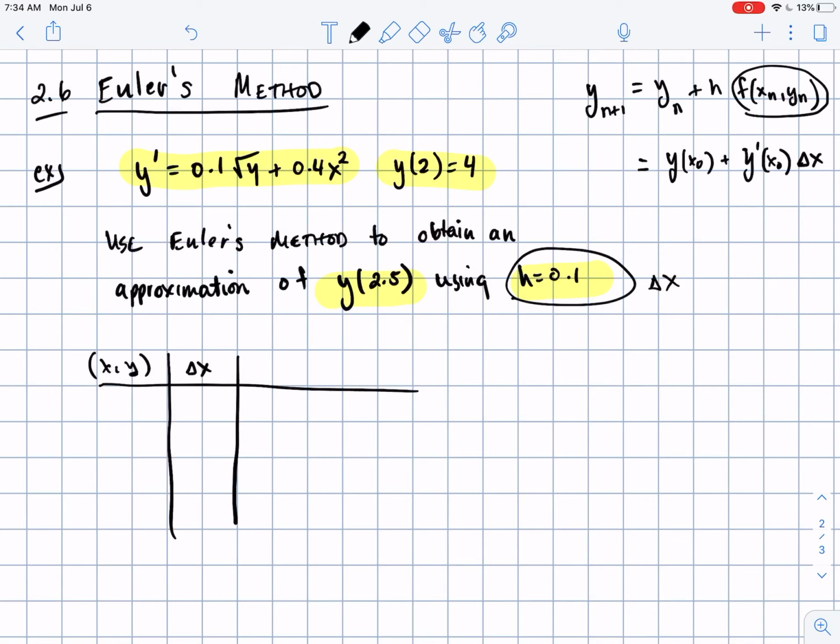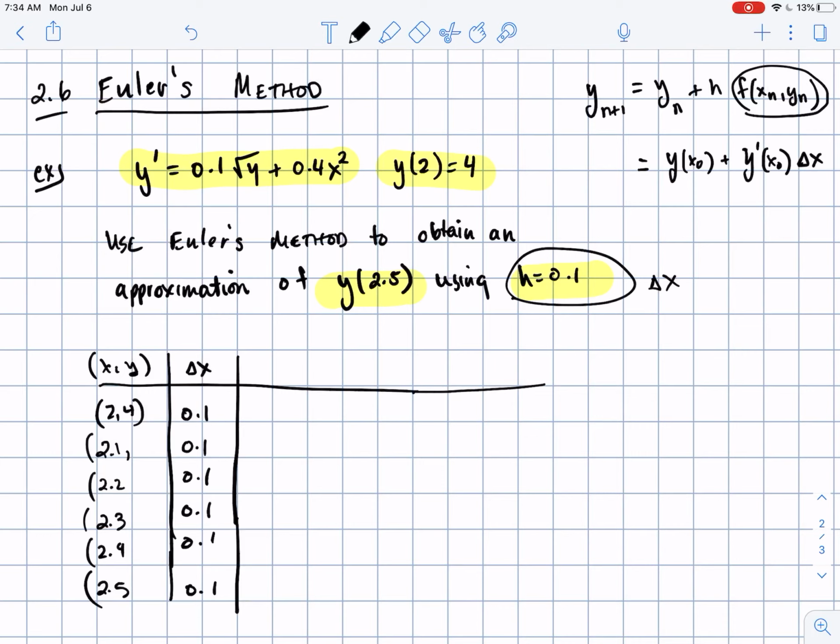For example, if we start with 2, 4, and we want to get to 2.5 with change of x as 0.1, we're going to have to do this 5 times. So we get 2.1, 2.2, 2.3, 2.4, and 2.5.